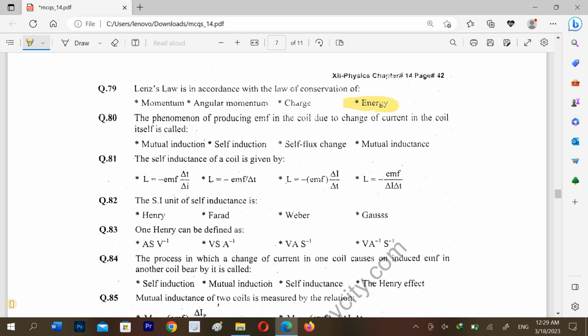The phenomenon of producing EMF in the coil due to change of current in the coil itself is called self induction. The self inductance of a coil is given by L is equal to EMF upon dI/dt.